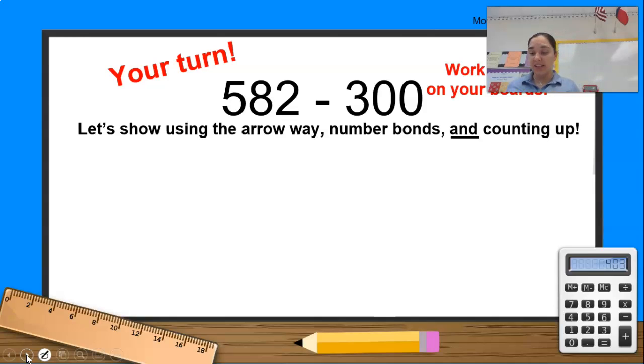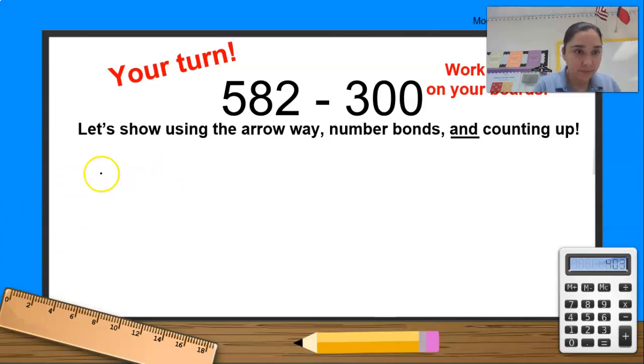The first thing that I'm going to do is the number bond. Are you ready? This is why it's so important to practice all these ways, because you get to decide what you want. The number bond.